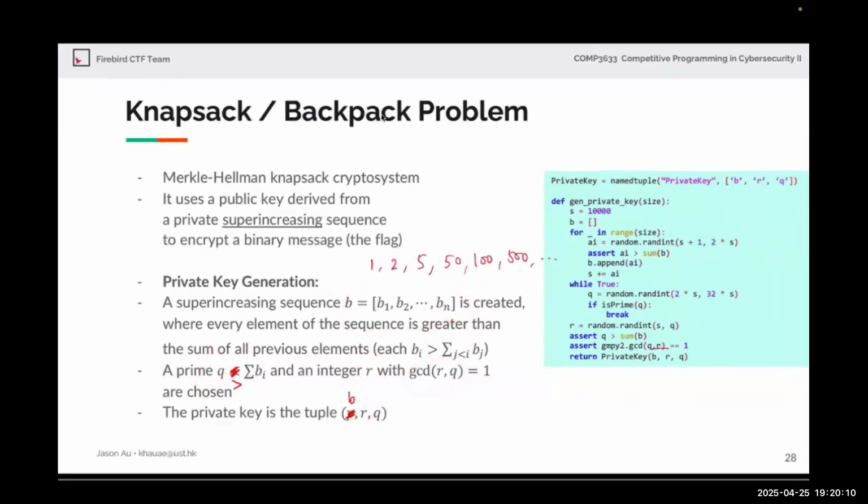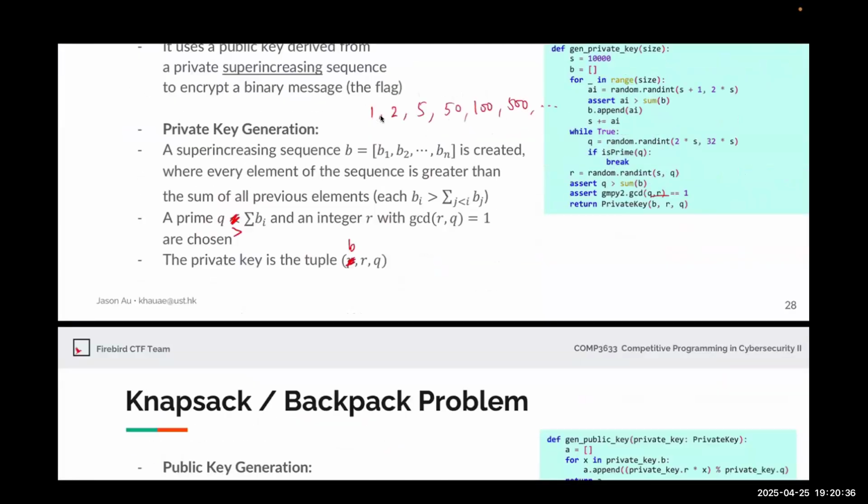Q must be a very big number because it's greater than the sum of the super increasing sequence, but R is just an integer that is co-prime with Q. Generally speaking, it may be consecutive with R, or it may also be a very large number. So these three numbers are the private key.